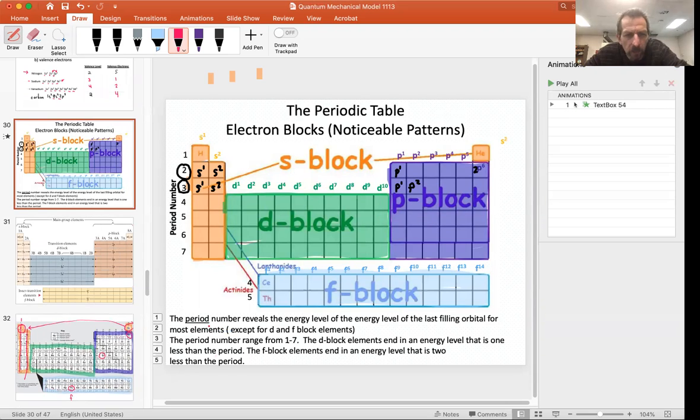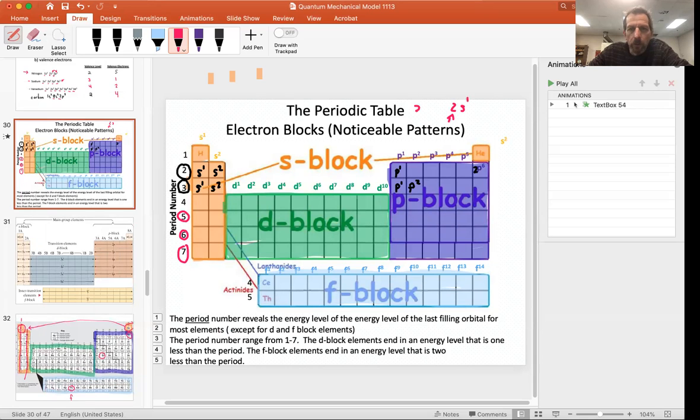So the period number is the number over here, like 7, 6. Those are period numbers. They reveal the energy level, the last thing that you would write for most electron configurations. So for example, if we wrote 2s1, the energy level is 2. The period reveals that 2.